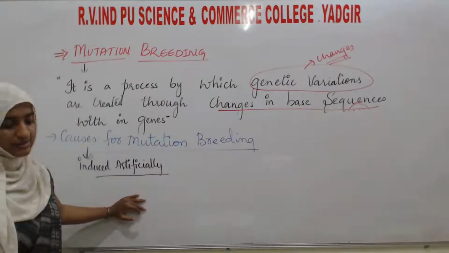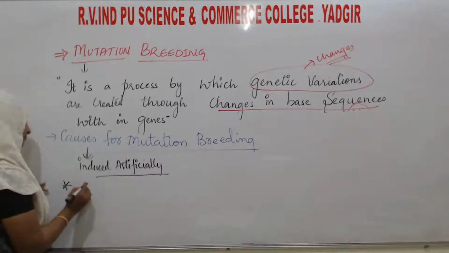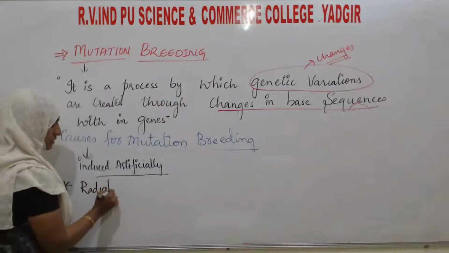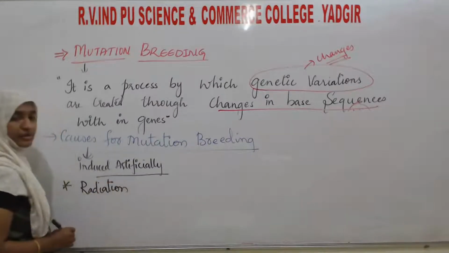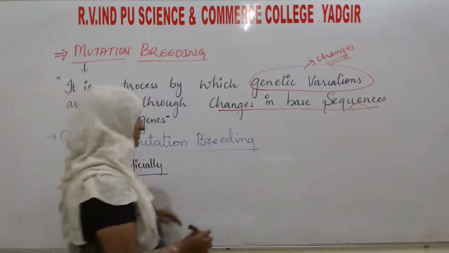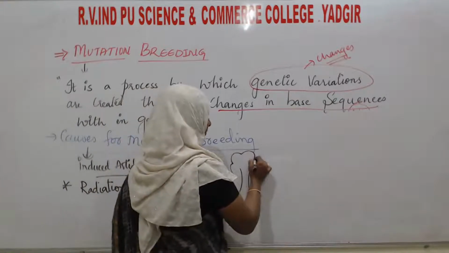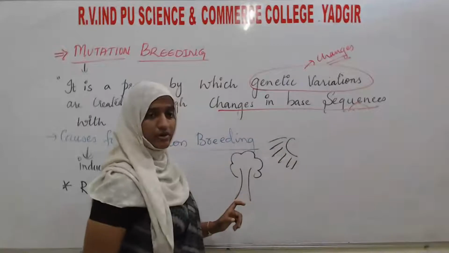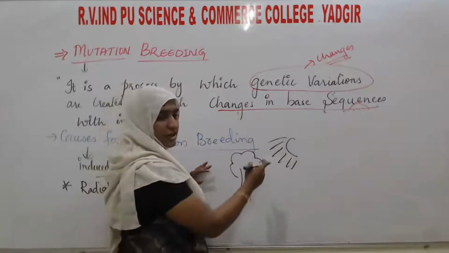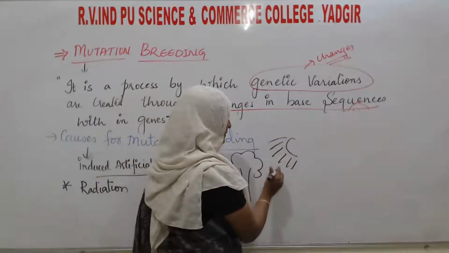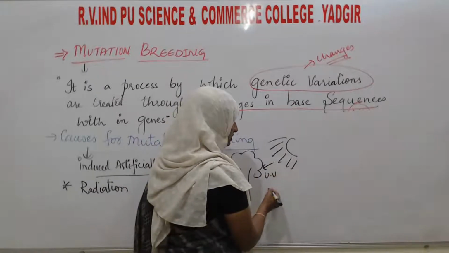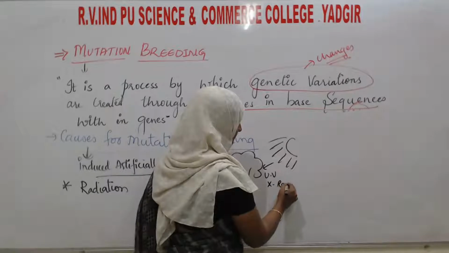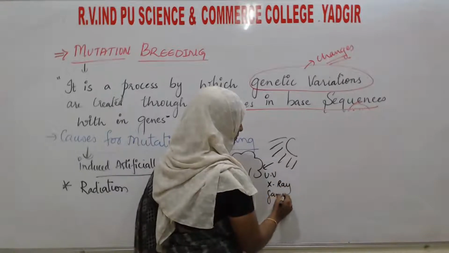What are they? First, some radiations. How does it occur? By some radiation. If this is the plant and this plant is under sunlight, for example, the light rays contain UV radiation, then X-rays, gamma rays.